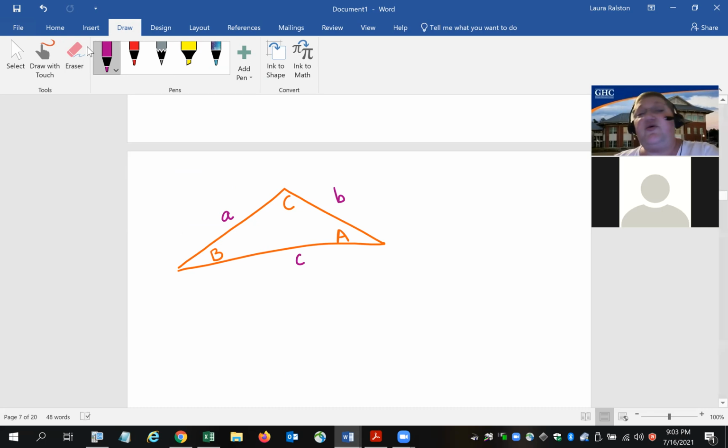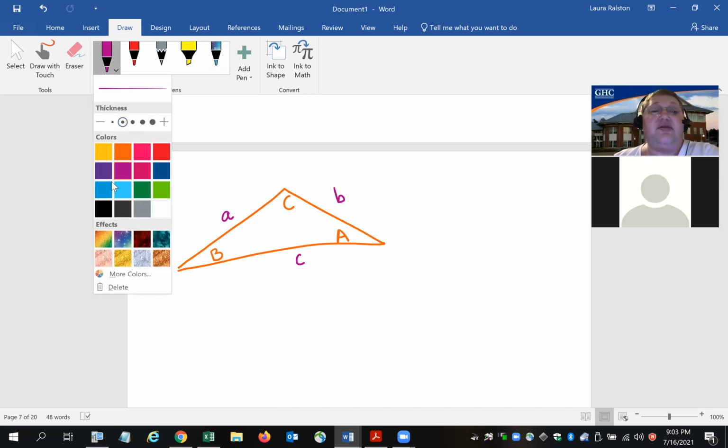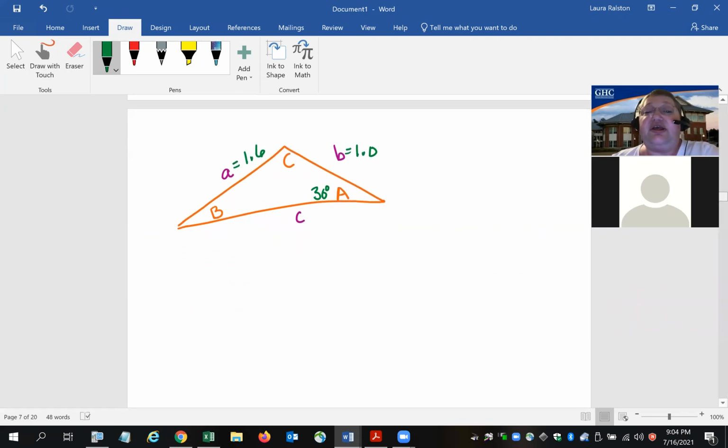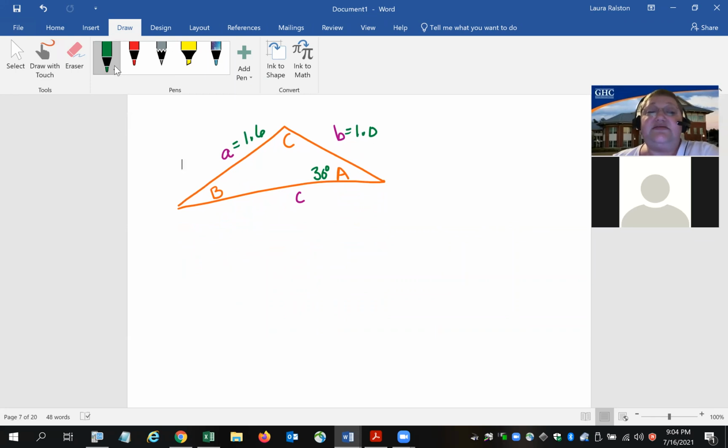So I'm told in the problem that angle A is 30 degrees, side A is 1.6, and side B is 1. And it tells me that I'm going to use law of sines.